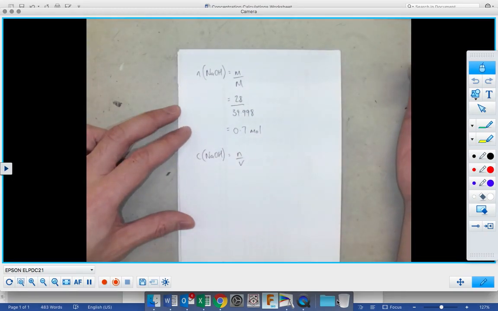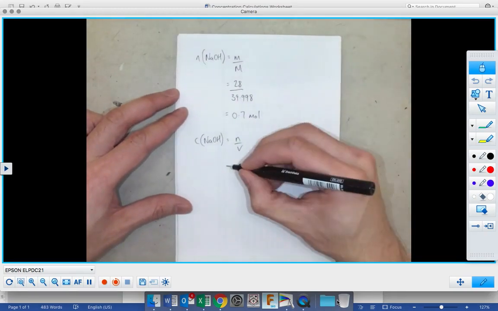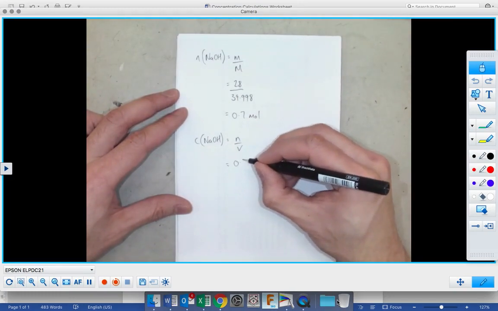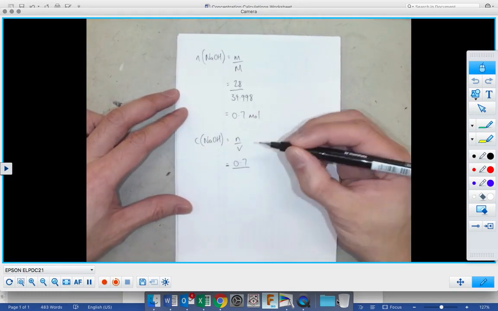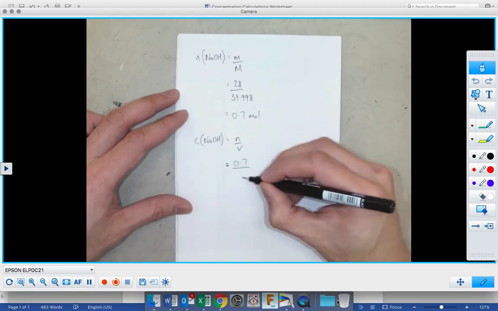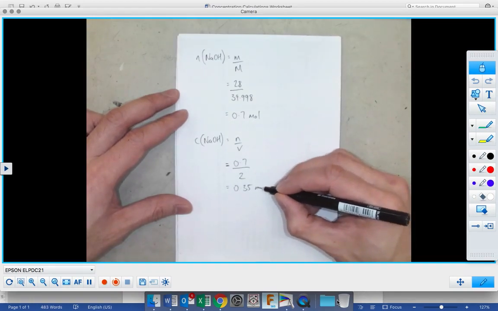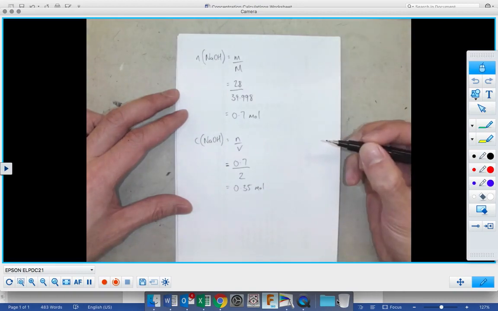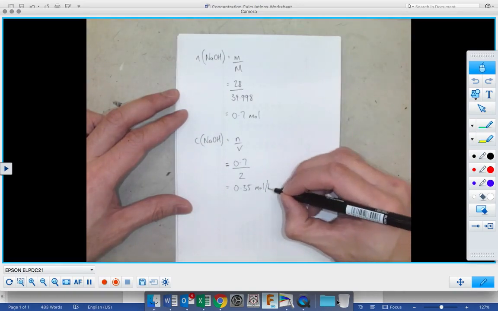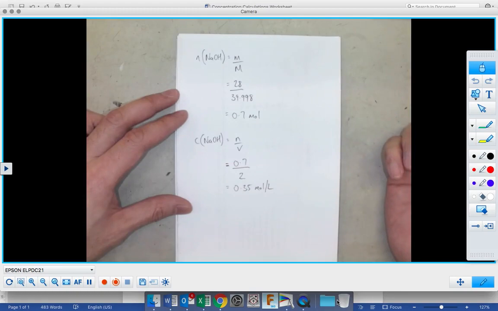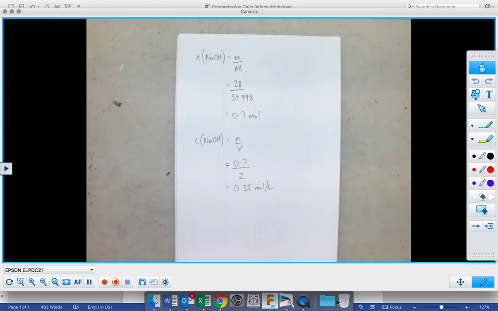Okay, so 0.7 moles. Now we can substitute this into here, 0.7. What's the volume? Again, the volume is 2 liters, which gives us 0.35 moles. What's the unit? Moles per liter. Right? So that's working out concentration.